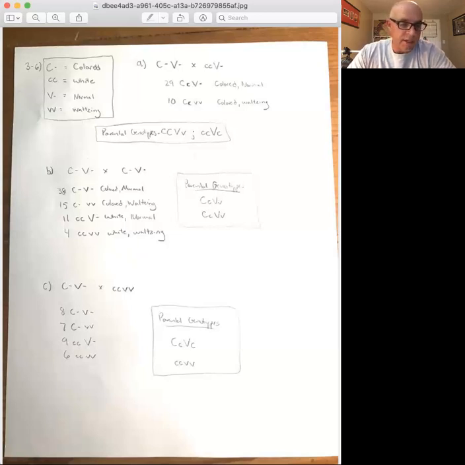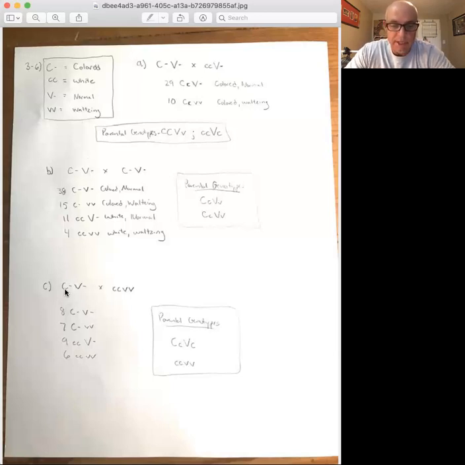So let's look at C. You have a colored normal mice mated with white waltzing mice to produce 8 colored normal, 7 colored waltzing, 9 white normal, and 6 white waltzing progeny. Okay, so here, write out the genotypes.